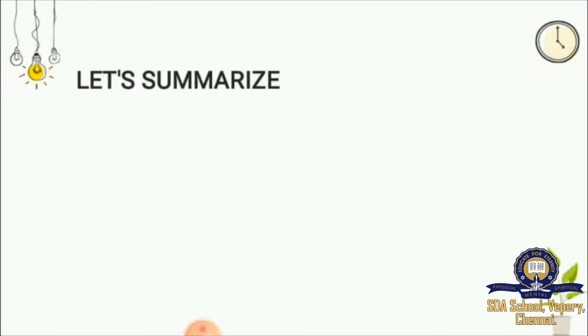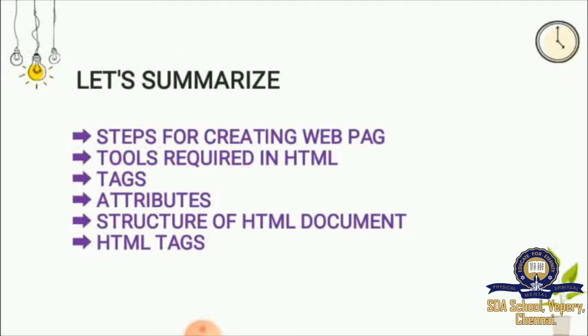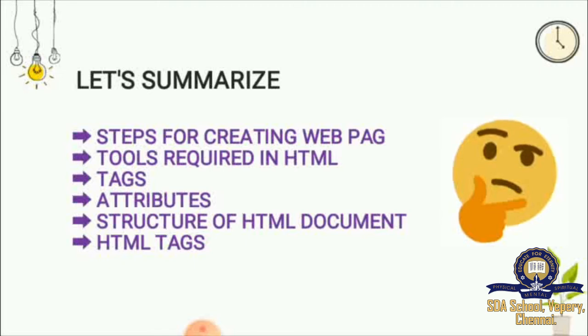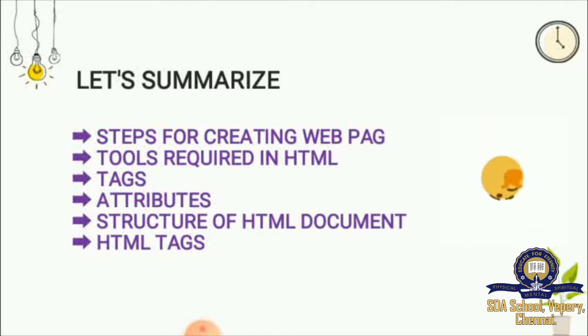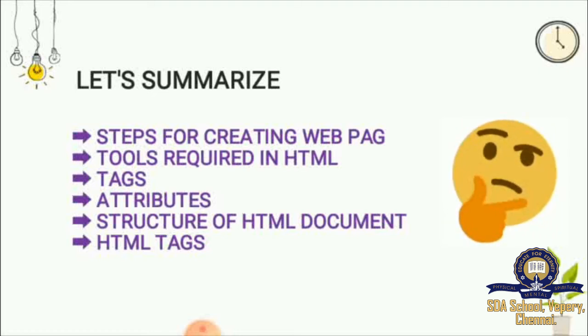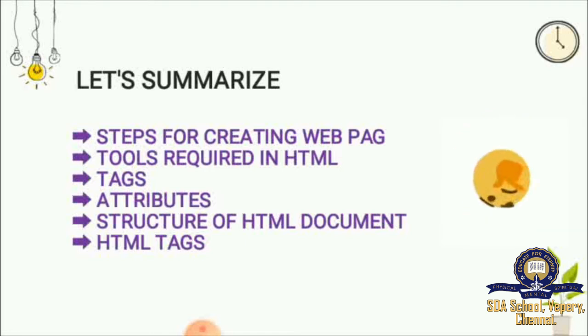Let's summarize what we learnt in today's class. First, we learnt about steps for creating web pages. What are the steps we learnt, students? Yes, planning the web page, gathering information, generating web pages, and publishing the web pages.